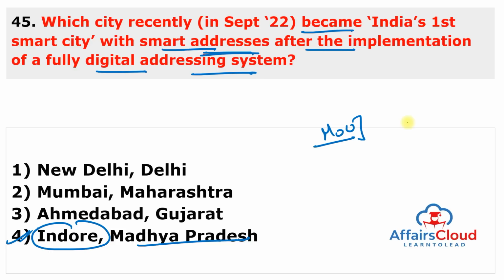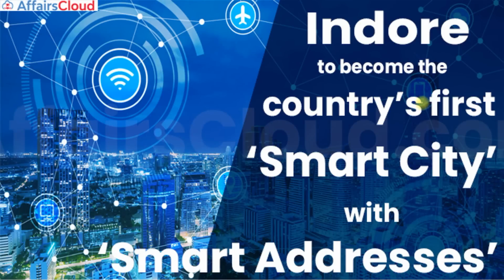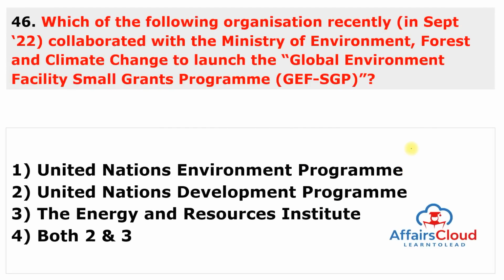And according to this MOU, this Patta application can be used by everyone and businesses and also all government agencies and emergency services, including police, fire department and ambulance, for providing services like electronic know your customer or eKYC and geotagging. So this is the city of Indore. So Indore to become the country's first smart city with smart addresses.